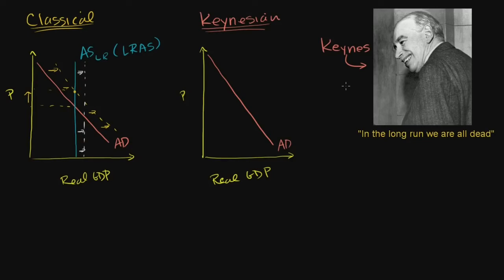You could have a fiscal policy where the government, maybe it holds its tax revenue constant, but it increases spending, or it goes the other way around. It doesn't change its spending, but it lowers tax revenue.